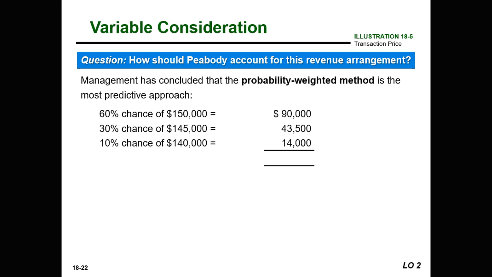And there's a 10% chance of $140,000, which is $14,000, giving us a total of $147,500 based off probability weight. Now, your probability can only equal 100%. And your amounts are going to differ based off that completion. Because remember, that $50,000 performance bonus went down the farther out we went.